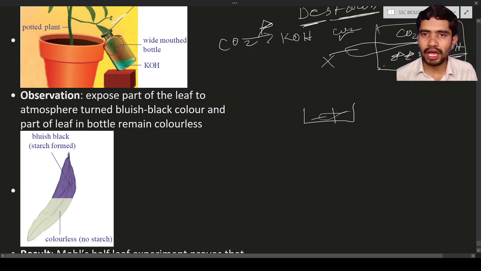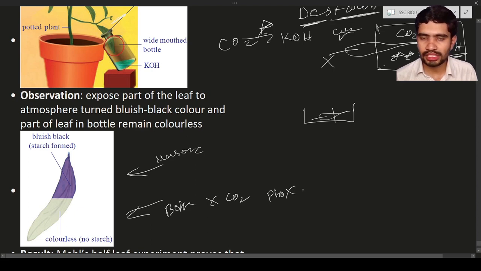If you do, half of the leaf will show color and half of the leaf will not show color. This is the last half of the leaf, and this is the first half of the leaf. One is in nature, or the environment. The other is in the bottle. The bottle does not have carbon dioxide, so no photosynthesis. If photosynthesis is not performed, there is no starch.